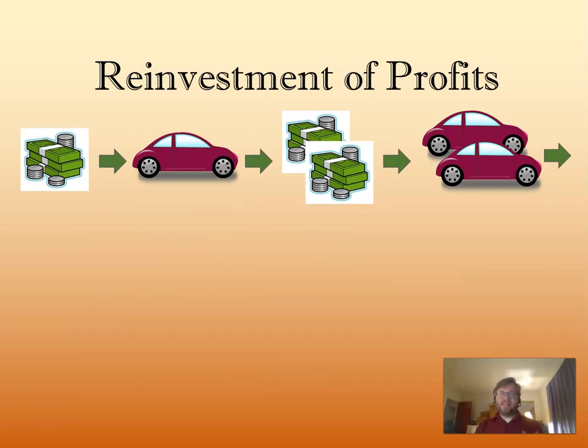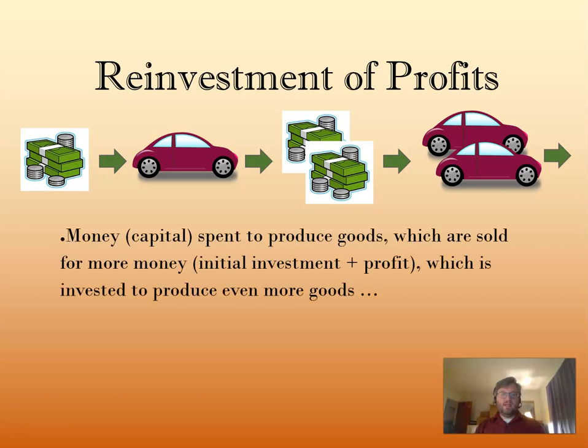This is a basic dynamic that happens in a capitalist society. You start with some capital, and in this case we're talking financial capital because it's the easiest one to talk about in this context. You've got your money that you start out with, and you spend that money in order to produce some goods.